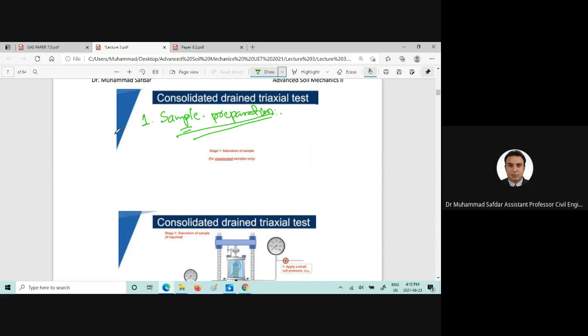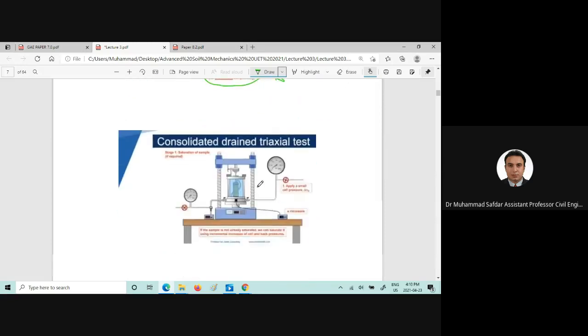So first of all, we do sample preparation, and then we do the saturation stage. For the saturation stage, we already discussed that we need to flush the specimen with CO2 and with H2O water, and then we need to check the saturation of the sample.